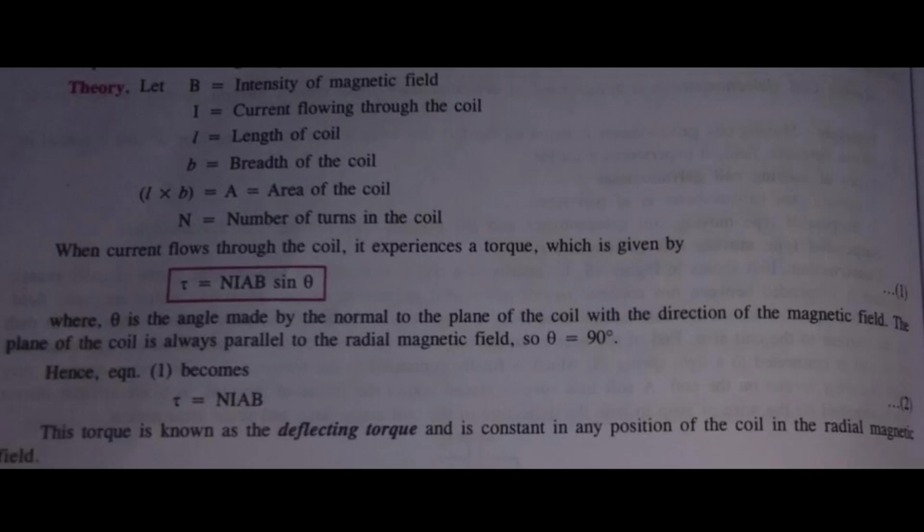So in this case theta is equal to 90 degrees. So the final answer for the torque is NIAB, and this torque is also known as the deflecting torque because it deflects the coil, and it is constant in any position of the coil under the effect of the radial magnetic field only.